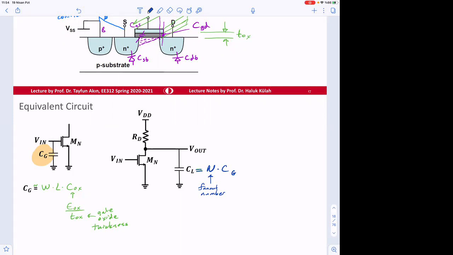And so the charging, when the input is switched high and low, the discharging at the output, this is going to be high, discharging, and then it will be charging, discharging.